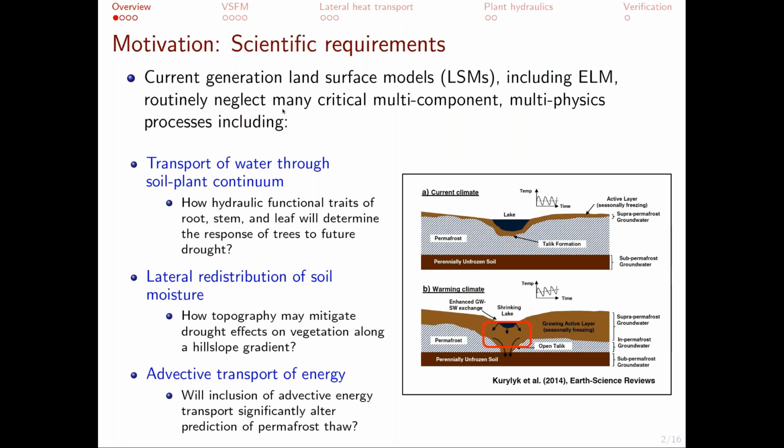The E3SM project has acknowledged that these processes are critical, and we have worked on some of them in phase one, and we have plans of working on them in phase two as well as in ongoing SIDAC projects.